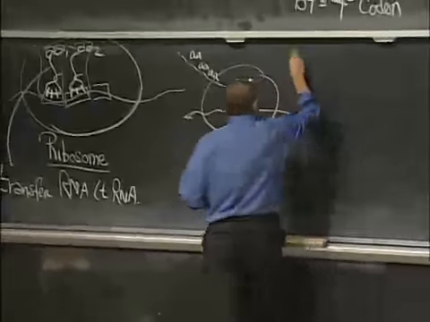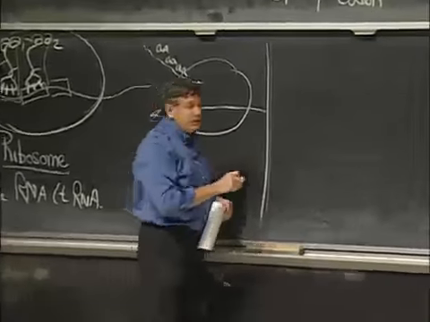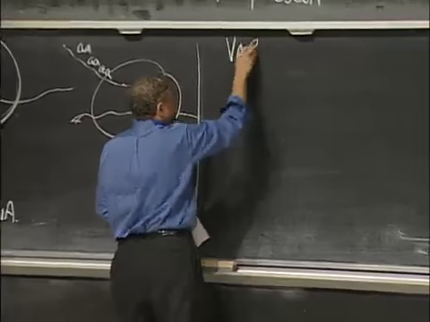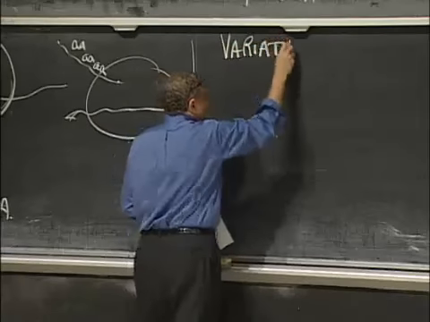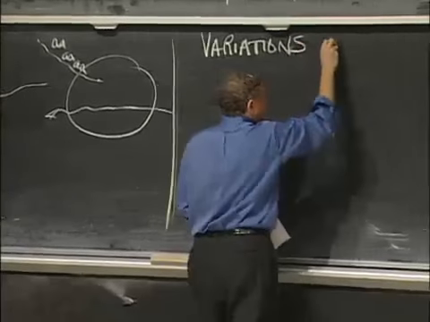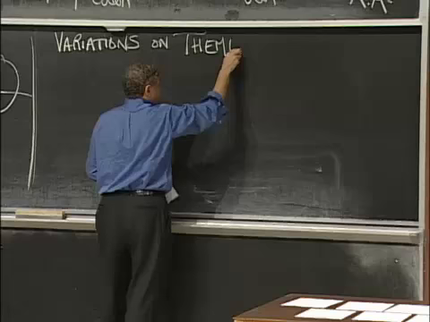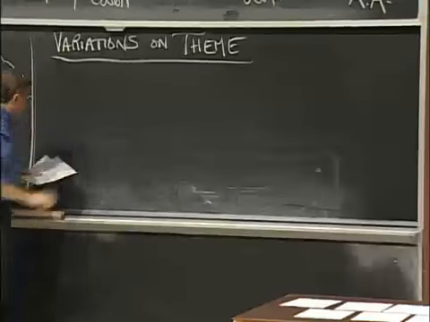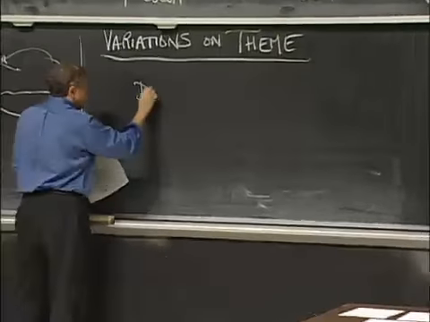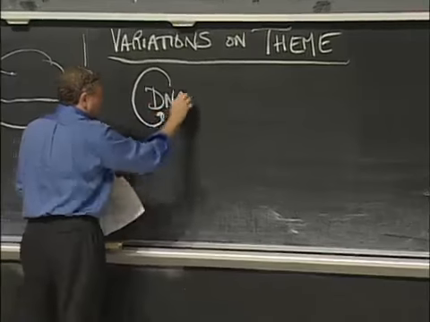So now what I'd like to do is turn to variations on the theme. One of the best ways to understand what's going on with DNA goes to RNA goes to protein is to consider how it works in different organisms.